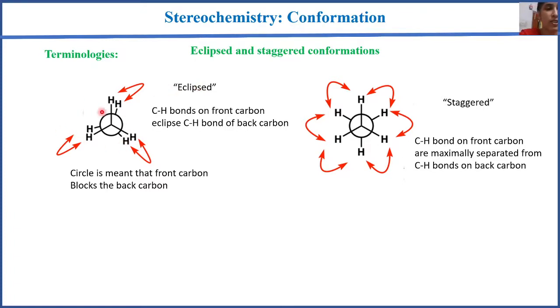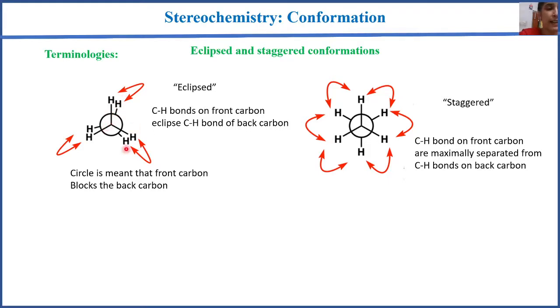If we consider the ethane molecule and the Newman projection formula of ethane, then we can consider this type of conformation, and this conformation is termed eclipsed conformation. In this conformation, the C-H bonds on the front carbon eclipse the C-H bonds of the back carbon.